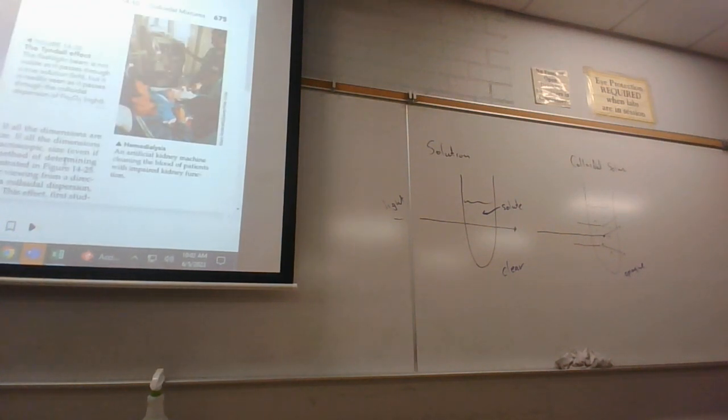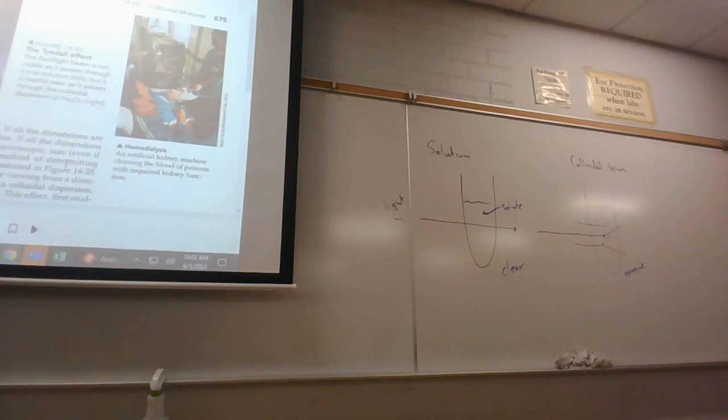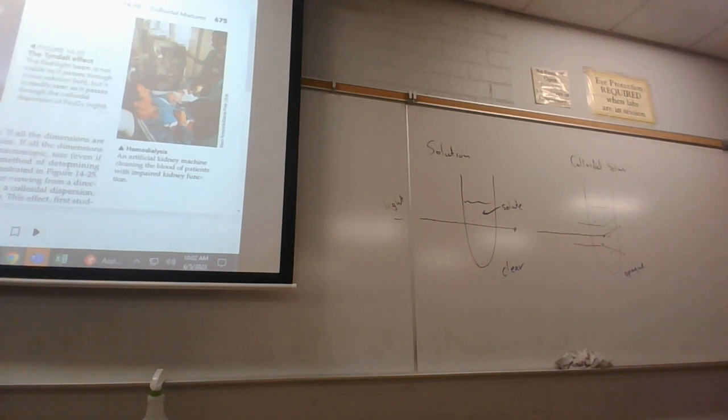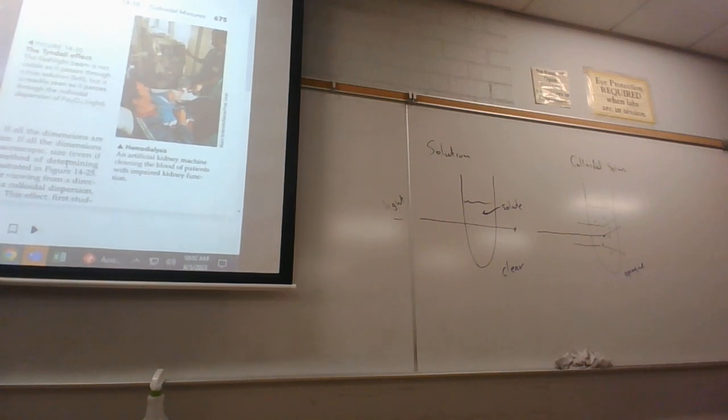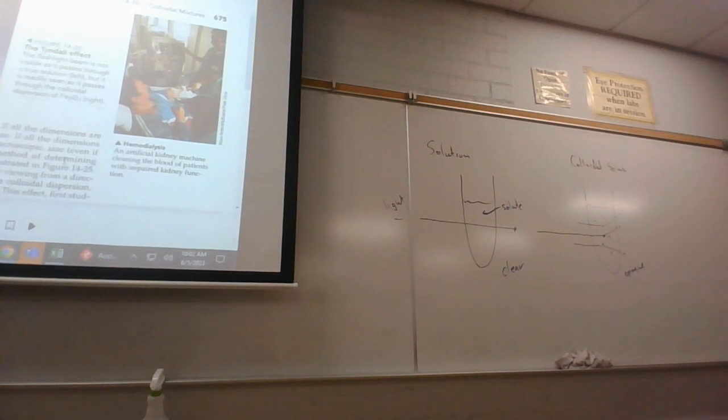Here you can see the solution, the light just goes straight through it, it's clear. However, when we look at the colloidal solution, we see a glow. That's the Tyndall effect.